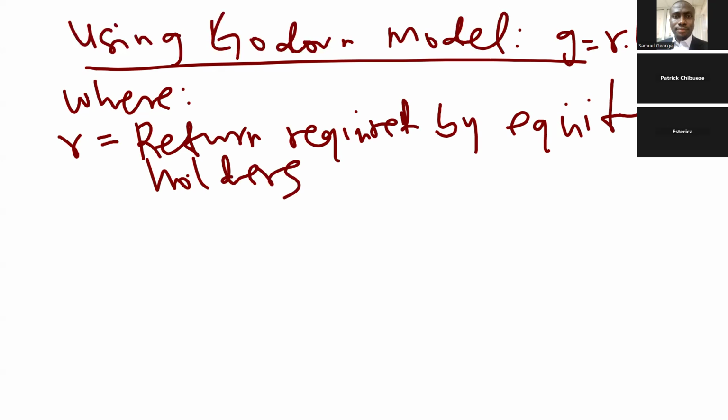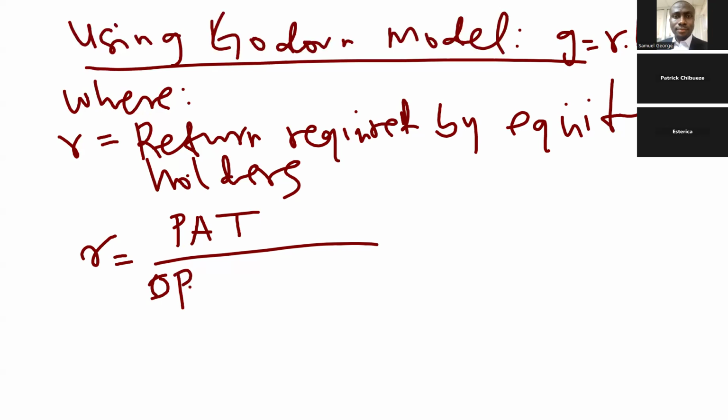And how do we calculate it? We say R is equal to profit after tax divided by opening shareholders fund.